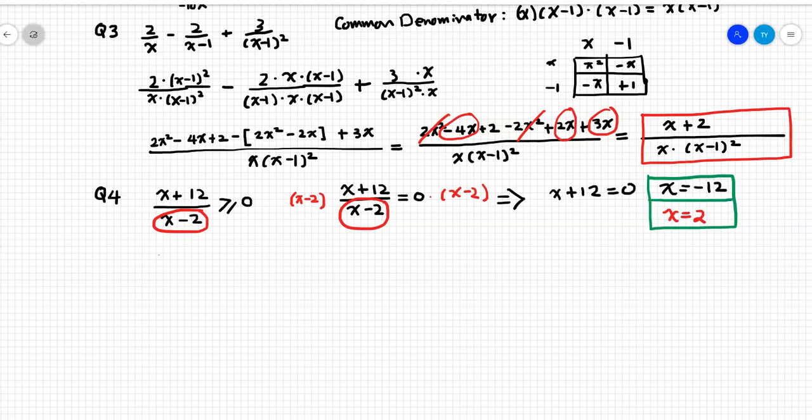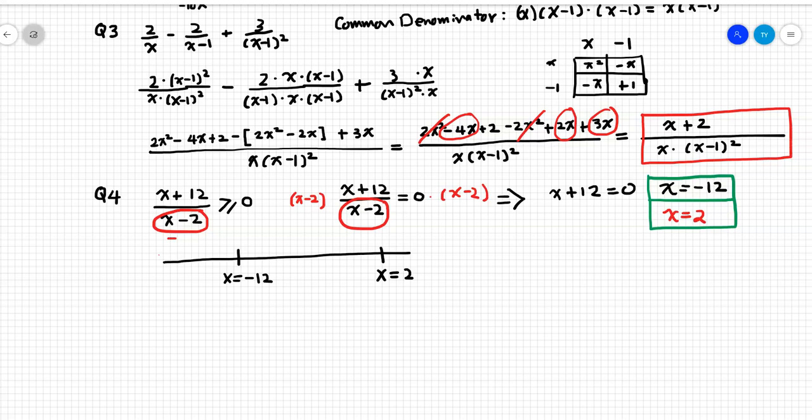I'm just going to draw this so you can see. Here's x = -12, and here x = 2. We still don't know whether -12 and 2 are included, so we have to evaluate them as well. First we need test points.